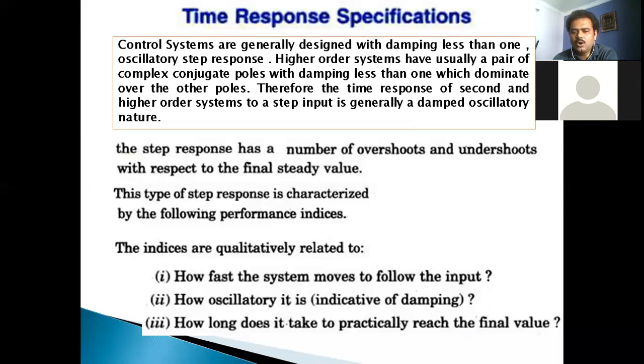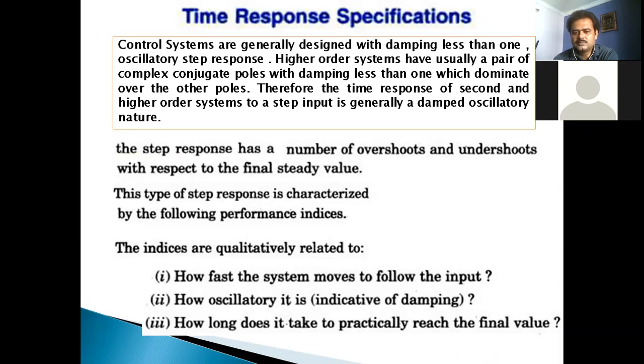Second, how oscillatory it is, which is indicative of damping. And how long does it take to practically reach the final value? So these are the questions.